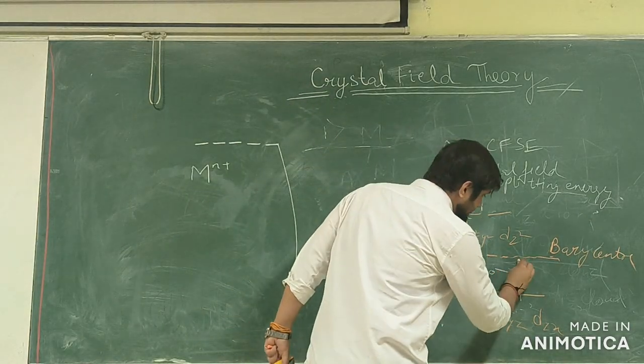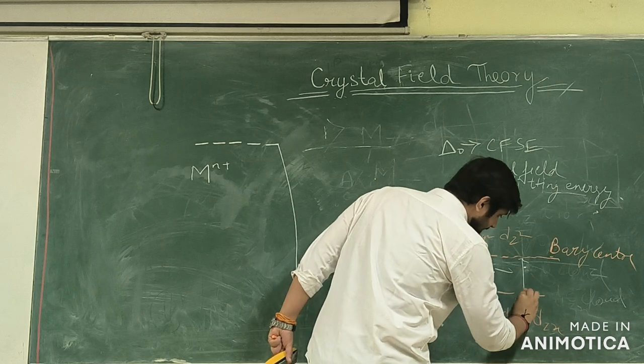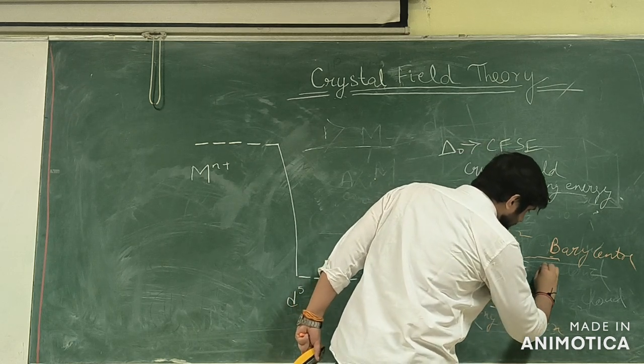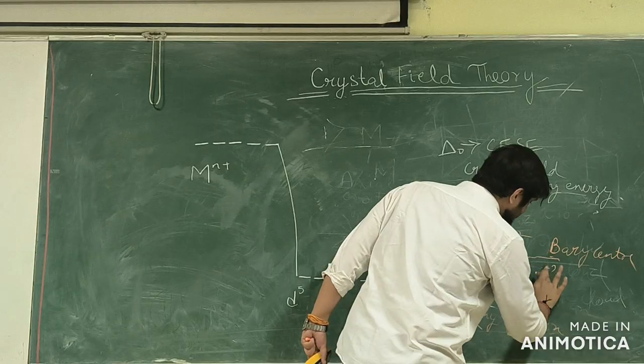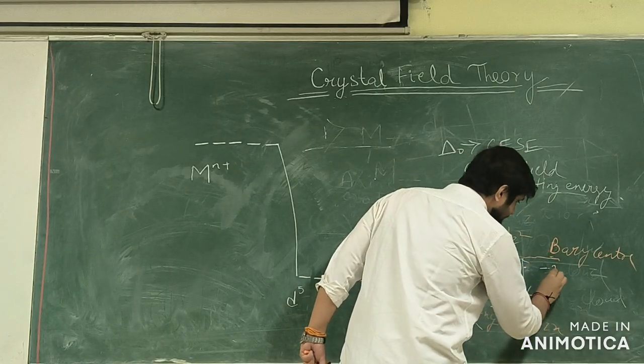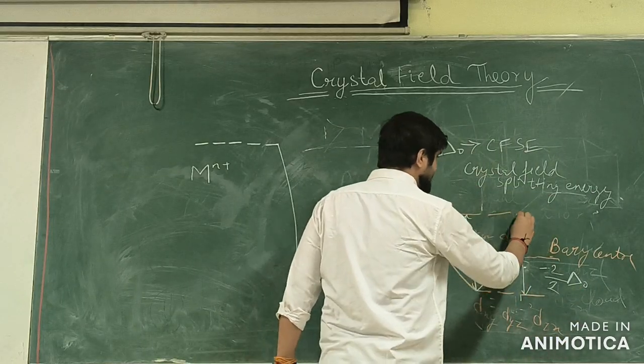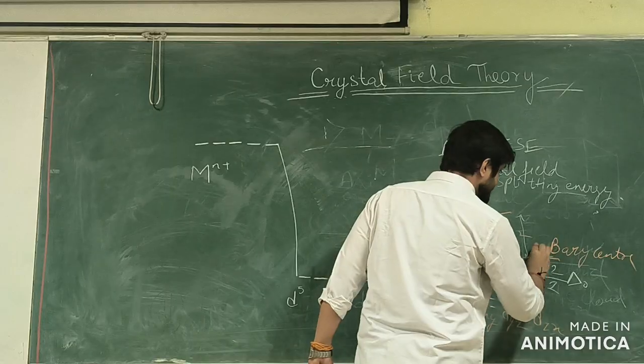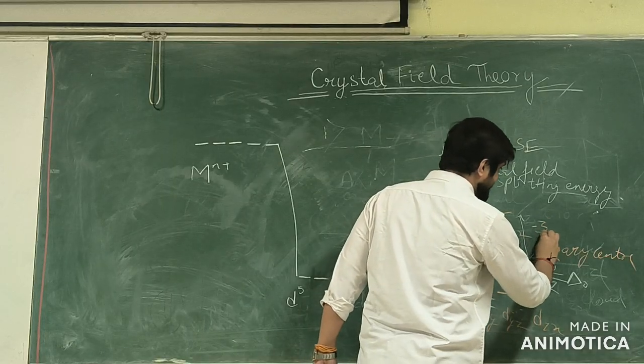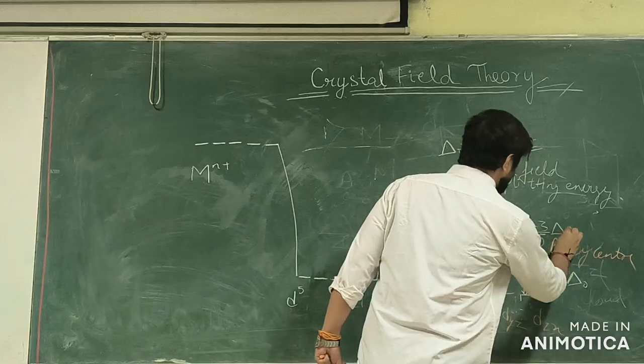Now this energy level is further at minus 2 by 5 delta naught, and this energy level is at plus 3 by 5 delta naught.